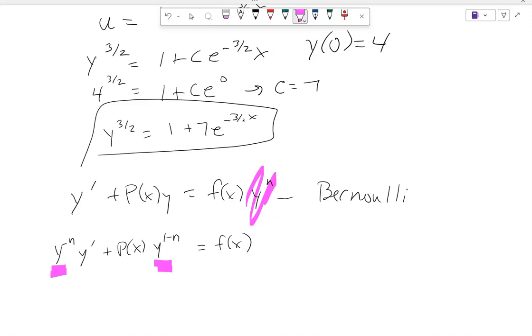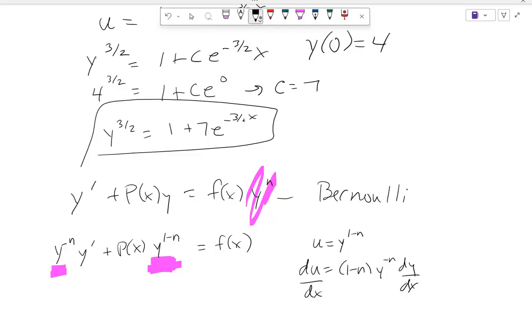So if I differentiate this piece right here, then the power decreases by 1 and I get the other one. So I can get that product rule kind of thing set up over there, right? So we started it off by saying that u equals y to the 1 minus n, and then du, I'll even write it as du/dx, was (1 minus n) y to the negative n, dy/dx.